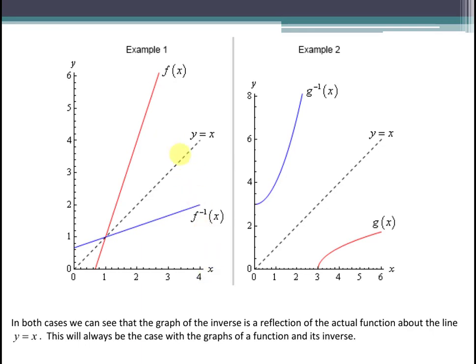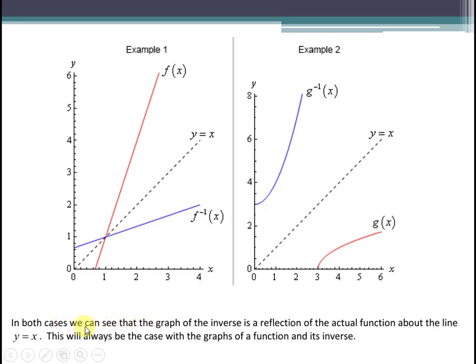So you can see the graphs of example 1 and example 2. Here, this is the graph of the function f of x. This one is the graph of the function f minus 1 of x. Here we have the line y is equal to x. In the second one, example number 2, this one is g of x, square root function, and g minus 1 of x.